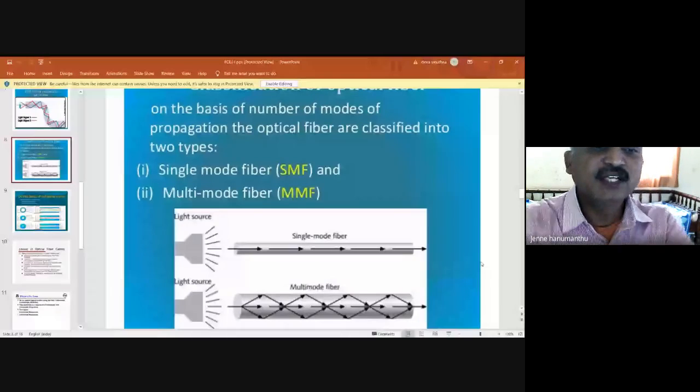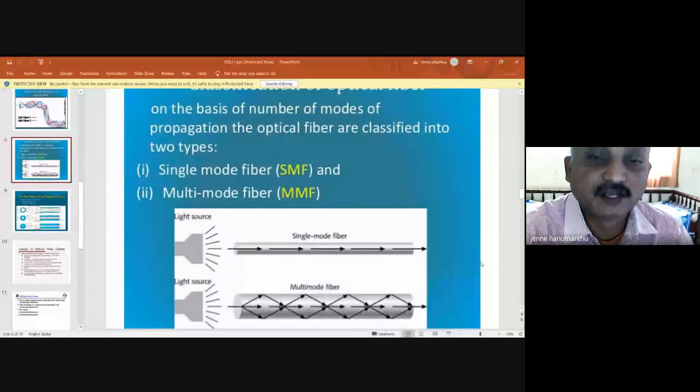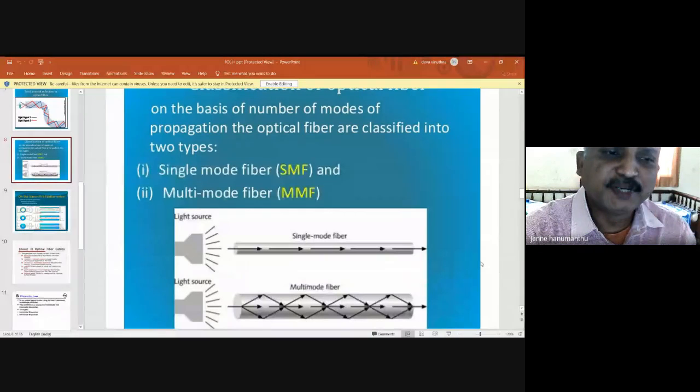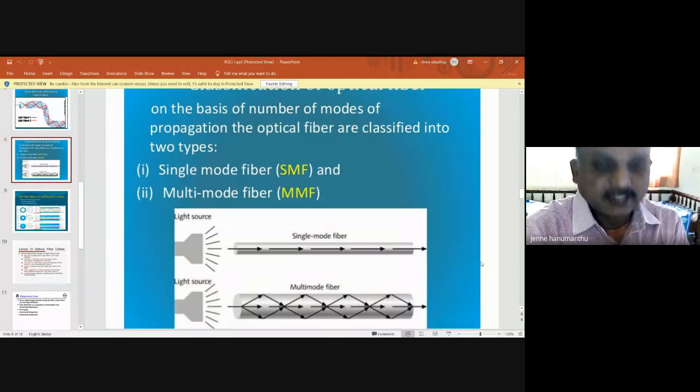Remember, what is loss? From the transmitter side, you are converting the electrical signals into light signals. In any communication link, there is a transmitter and a receiver with a medium in between, like fiber cable.